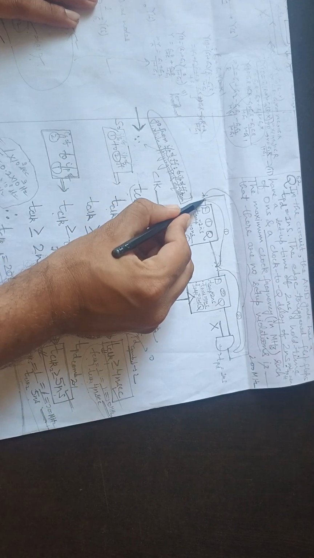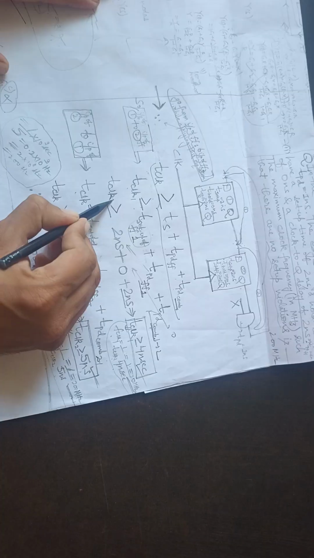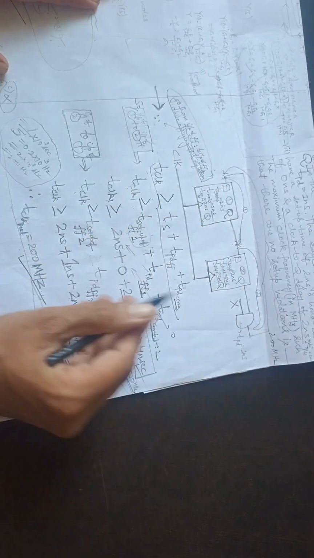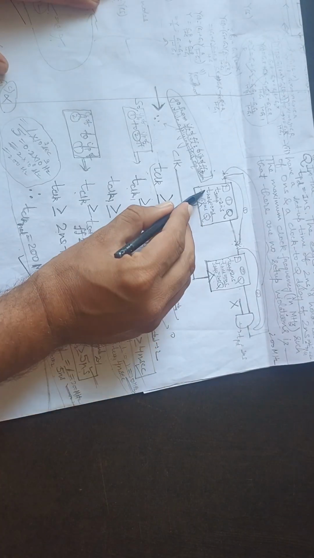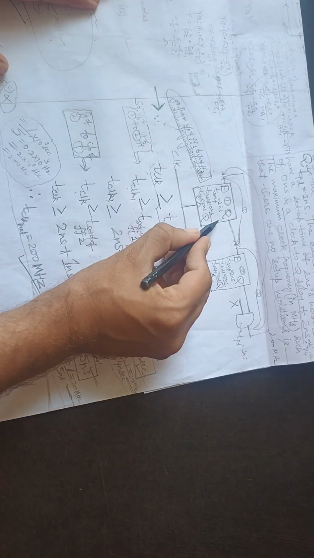So for input of flip-flop 1 to input of flip-flop 2, T clock 1 should be greater than or equal to T setup of flip-flop 1, then propagation delay of flip-flop, and then the combinational circuit from 1 to 2 if there is any.